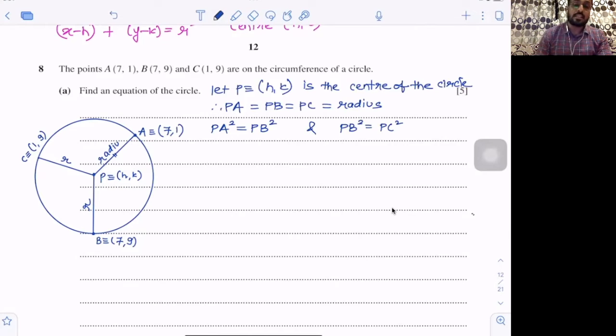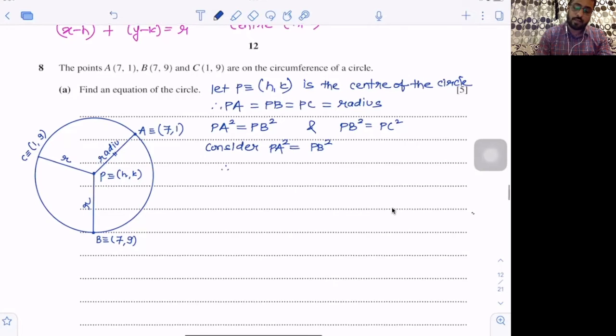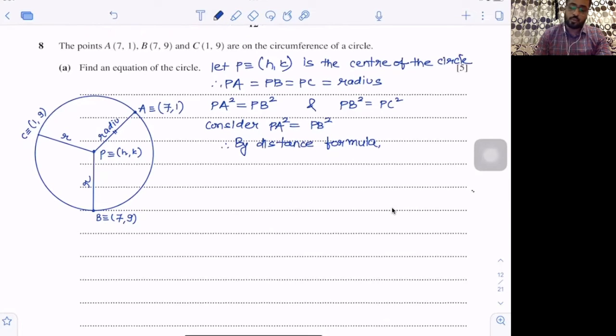So let's consider PA square equal to PB square. Therefore, by distance formula, PA square would be (h minus 7) the whole square plus (k minus 1) the whole square.